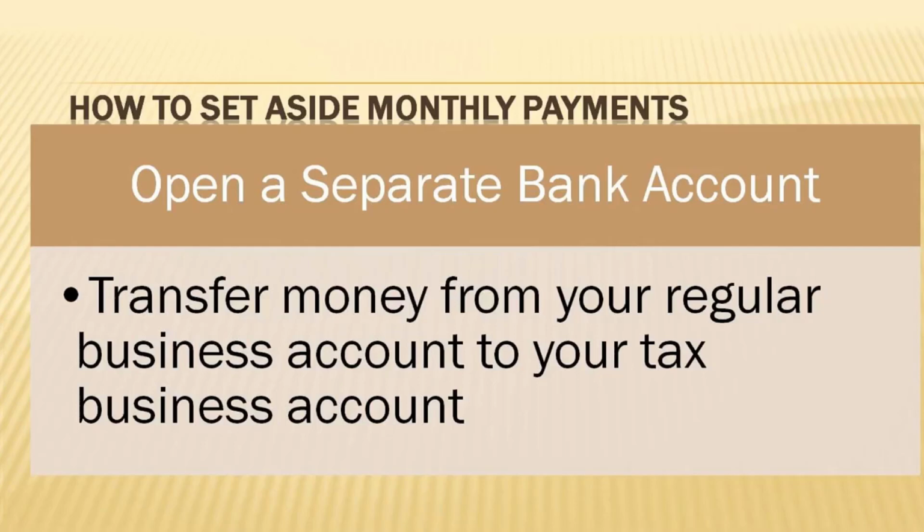You can take the first quarter numbers and start to put away monthly payments based on them. So you take your first quarter payment and divide it by 3. Okay, let me back it up.